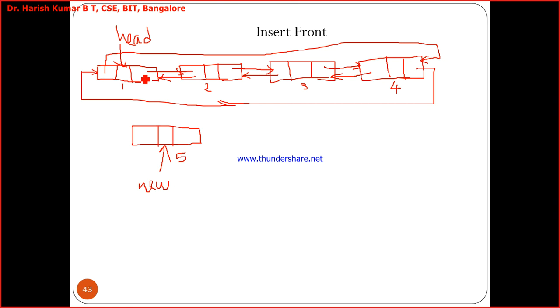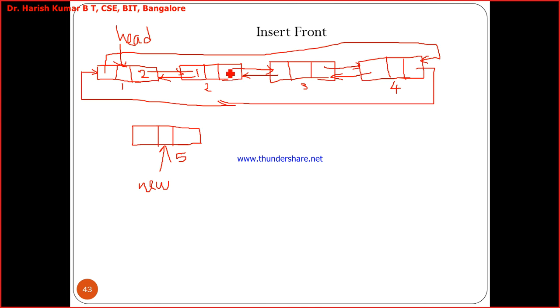Address of new. As per the current status, what is the value here in the right link of head node? 2. Okay, and what is here? Address of head node, 1.